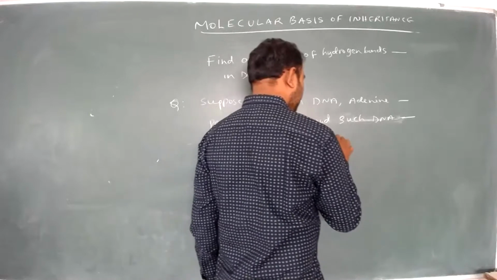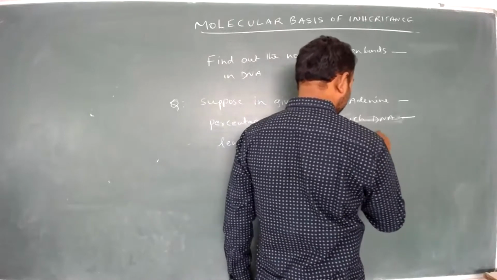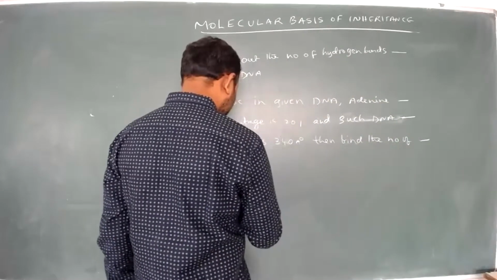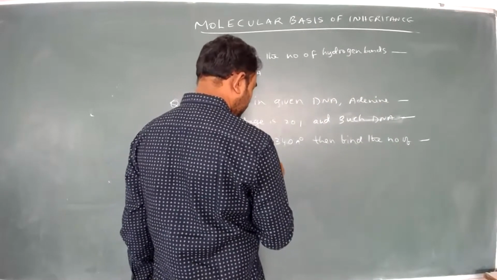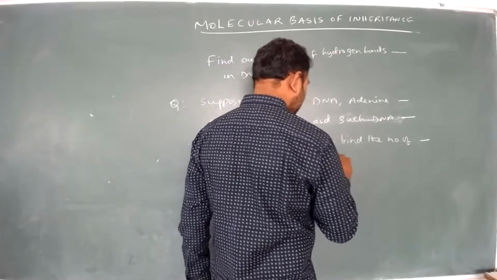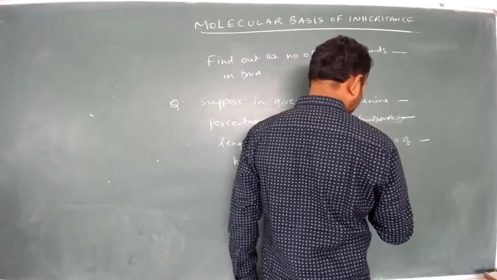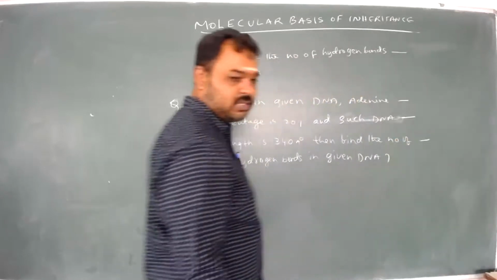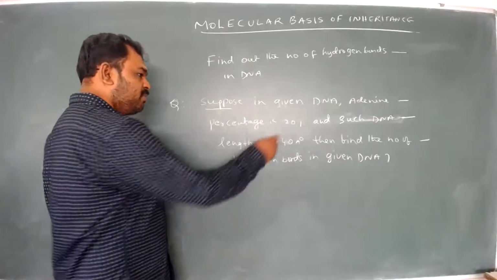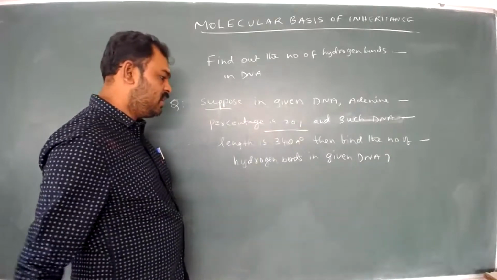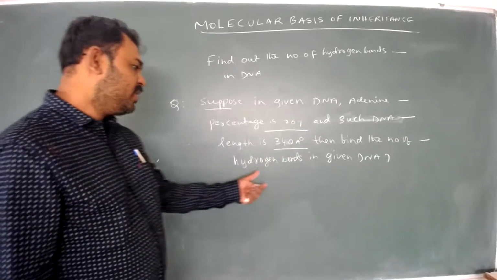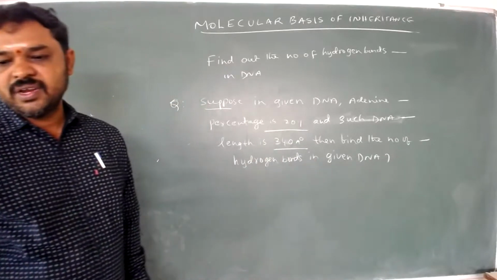Then find the number of hydrogen bonds in the given DNA. What is the question? Suppose in a given DNA, adenine percentage is 20%, and such DNA length is 340 angstroms. Then find the number of hydrogen bonds in the given DNA.